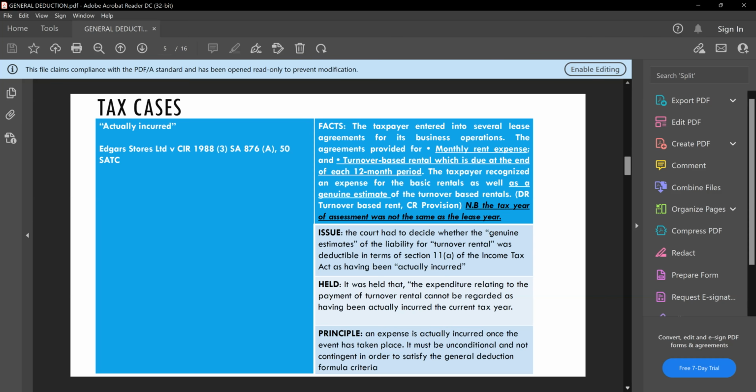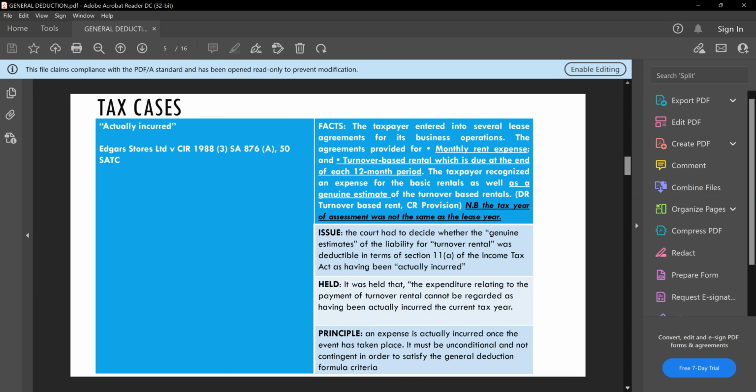The taxpayer in this case entered into several lease agreements for its business operations. The lease agreements provided for a monthly rental expense, which was payable on a monthly basis, as well as turnover-based rental, which was due at the end of each 12-month period.